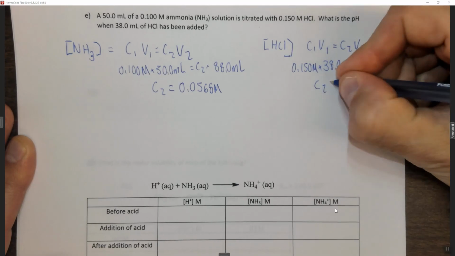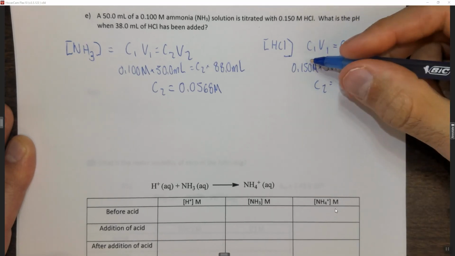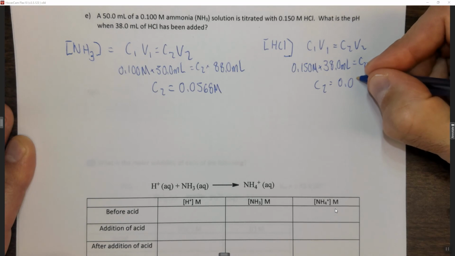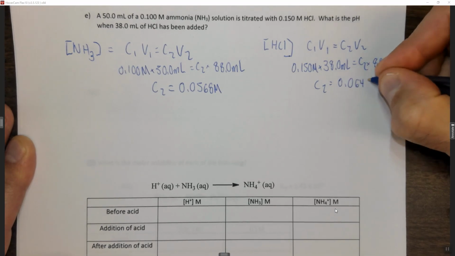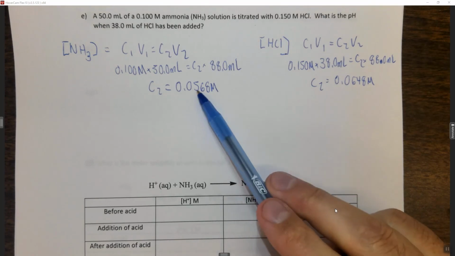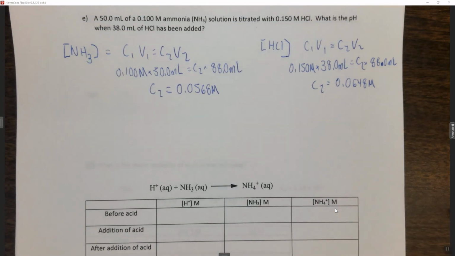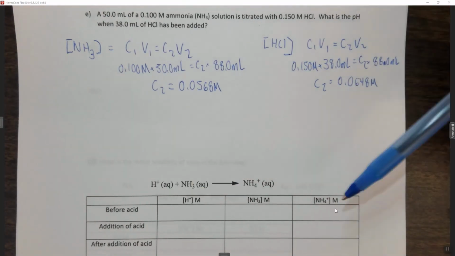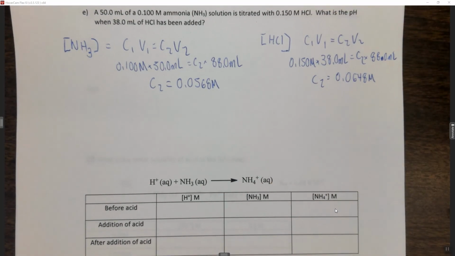When we do that, we find that the concentration of the HCl is actually higher at 0.0648 molar. So in this case, we actually have more HCl than we do NH3.